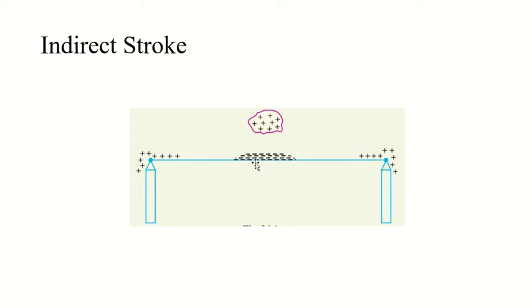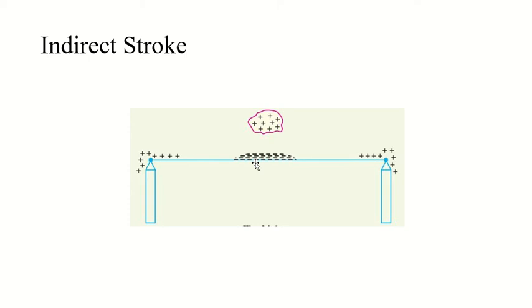Because of that, the negative charge rushes along the line in both directions, because it is getting attracted by the positive charges. So it quickly will rush along the line in both directions in the form of traveling waves.